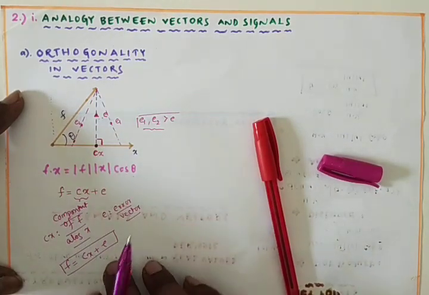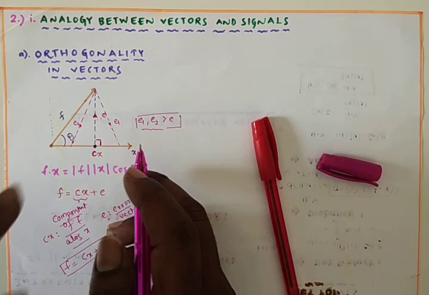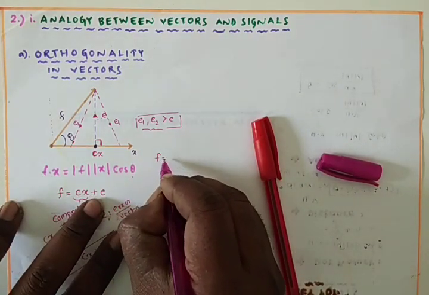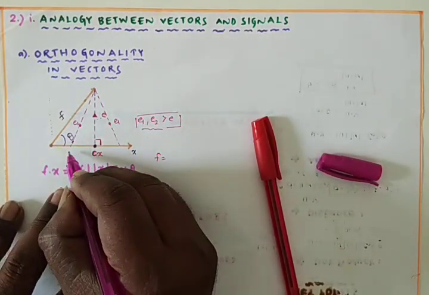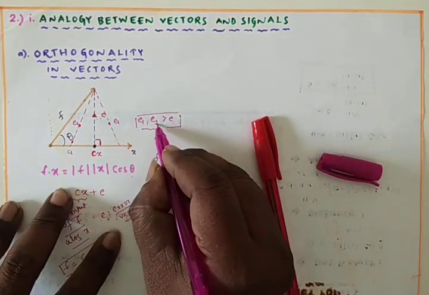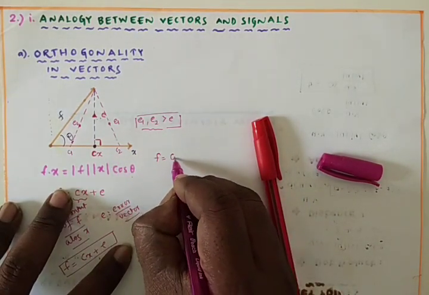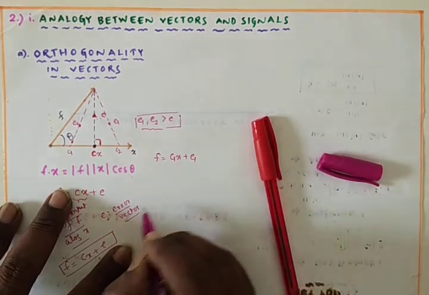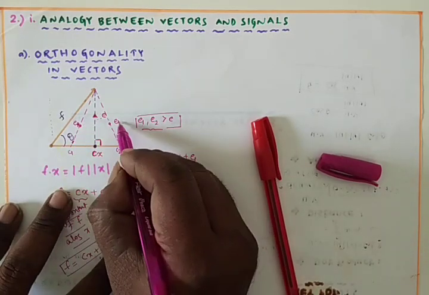And this is the error vector, and in such cases we can also define f is equal to, here this is C1, here this is C2, so that we can write f is equal to C1x plus E1, where this is error vector 1 and this is 2.